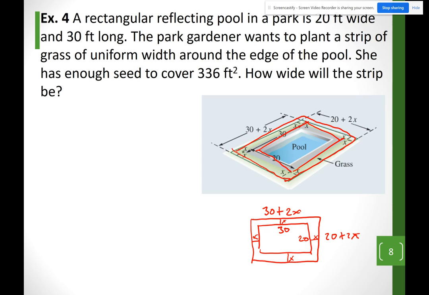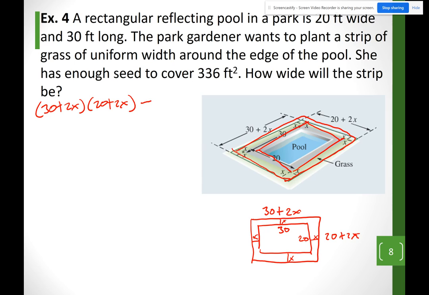Now, the way we find the area of the grass, why don't we find the area of everything, which is grass and pool? So I'm going to find the area of the big rectangle. So I'm going to go 30 plus 2x times 20 plus 2x. Remember, that gives me the area of the pool and the grass.